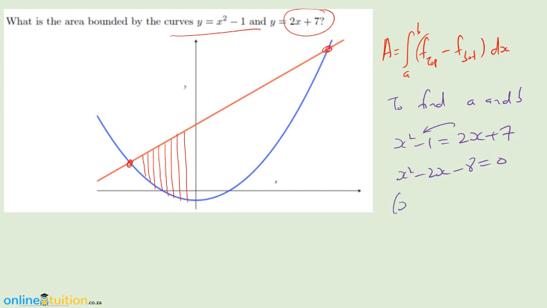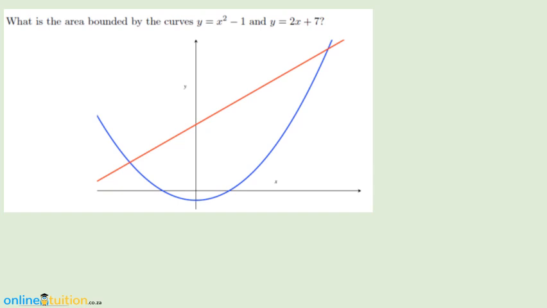And this is a nice way of checking your factorization. 8 would be 1 and 8, 4 and 2. 4 and 2 is nice, and the 4 must have a minus sign, the 2 must have a plus sign to get a minus 2 in the middle. Double check that. So it tells us straight away x is 4 or x is minus 2. So this obviously is minus 2, and this is 4.